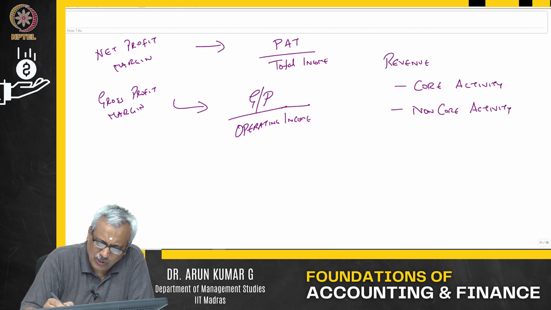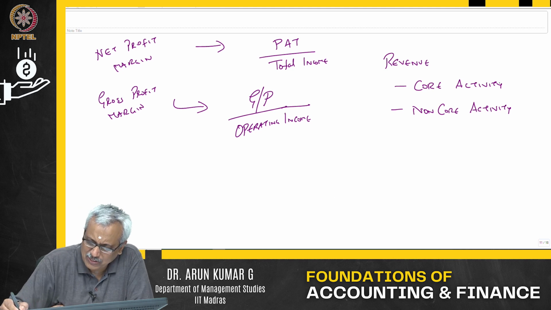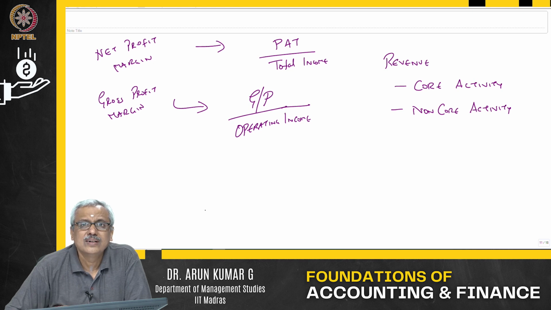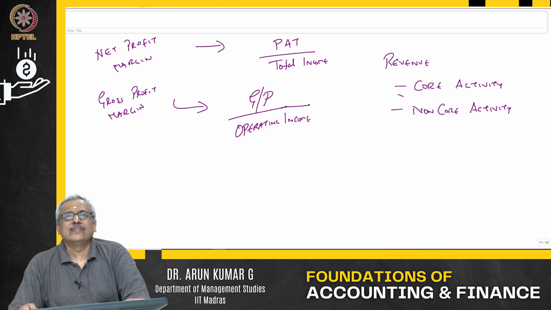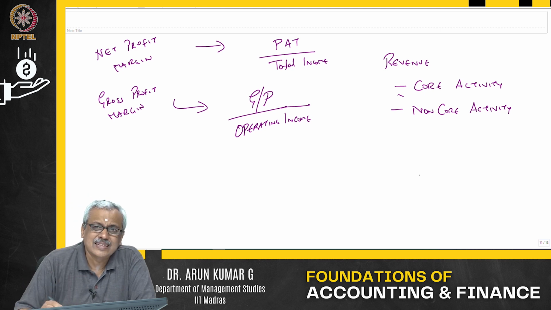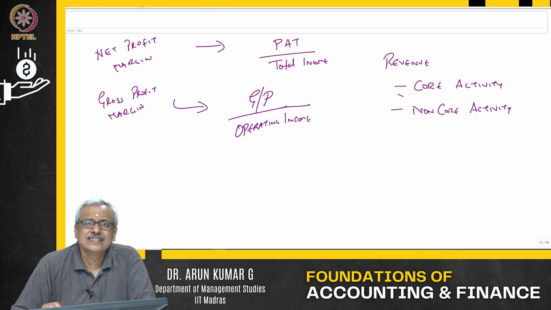Now, when I say total income, it includes both revenue from core and non-core. When I say operating income, I am talking only about the core activity, okay? Because the profit after tax will include all the profit that you have derived from the non-core activity also.